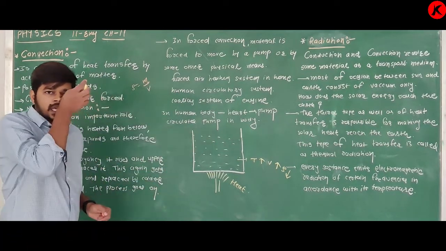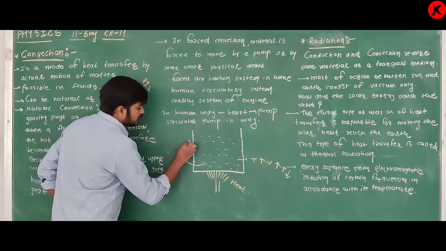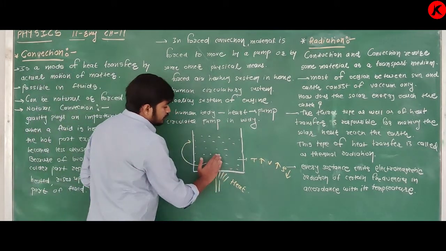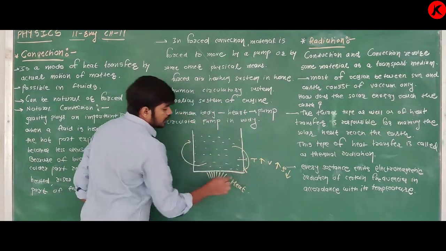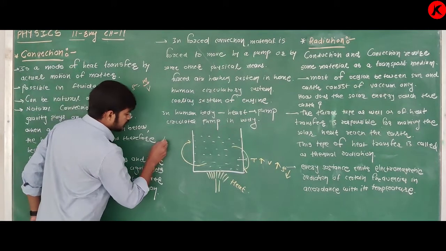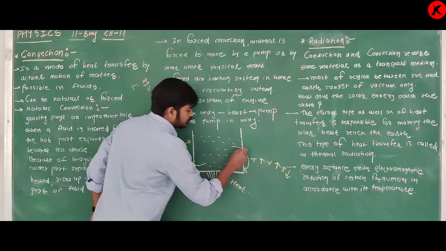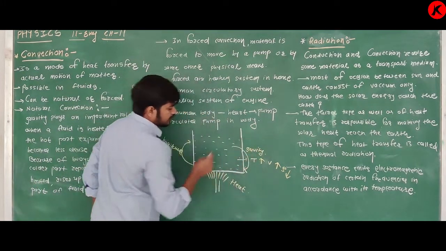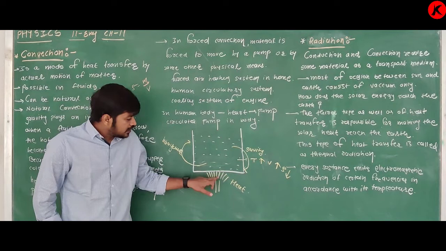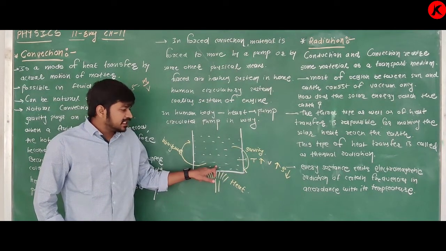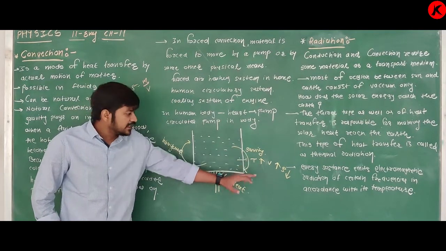comparative to this upper part, due to buoyancy, it will move in upward direction. And this fluid in upper part, due to gravity, it will move in downward direction. It is due to buoyancy and it is due to gravity. There is actual motion of particles of fluid. Again, heat is given, temperature of this part of fluid increases, its volume increases, density decreases.